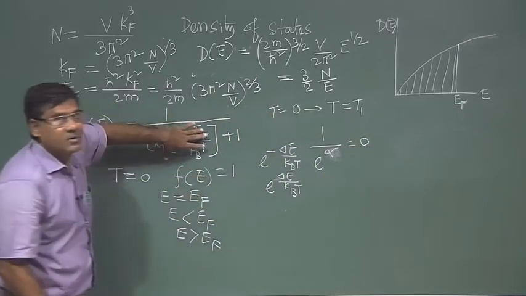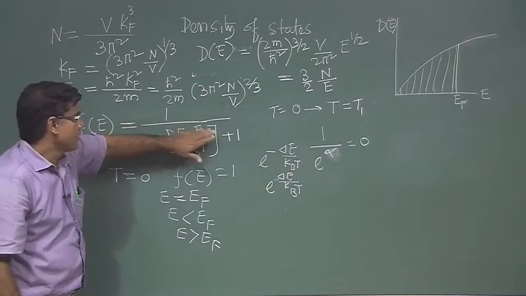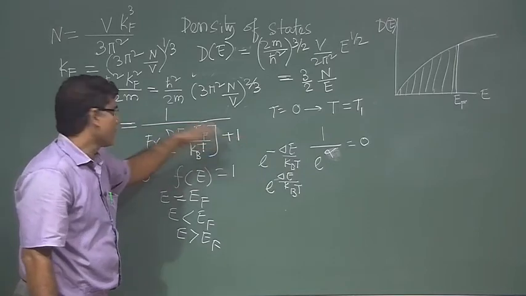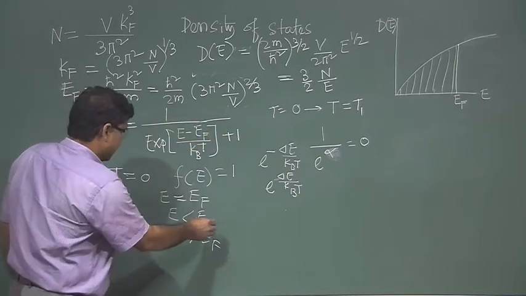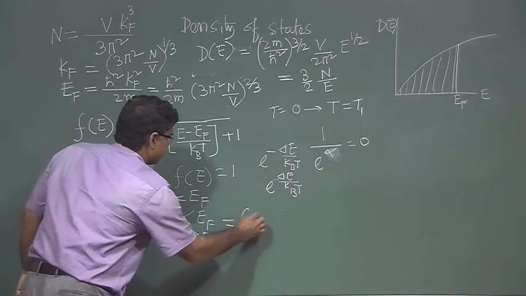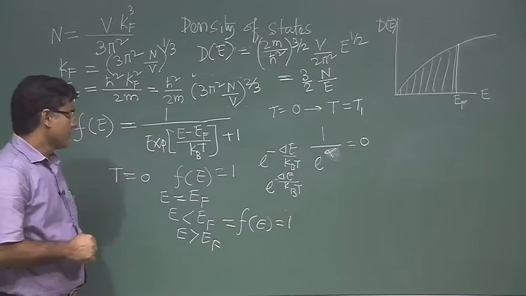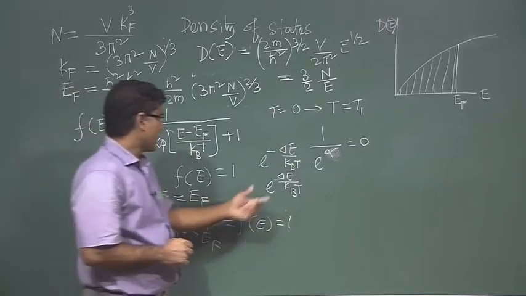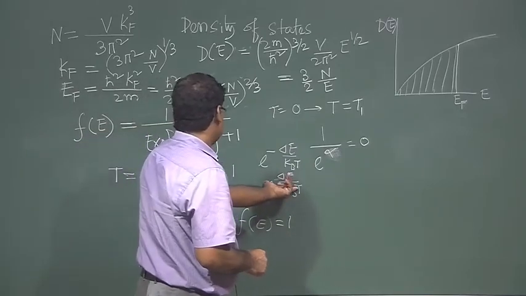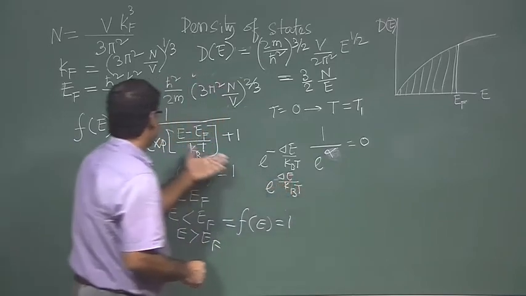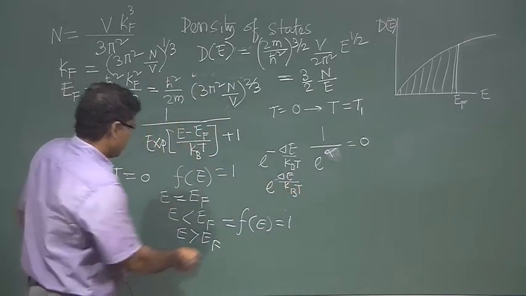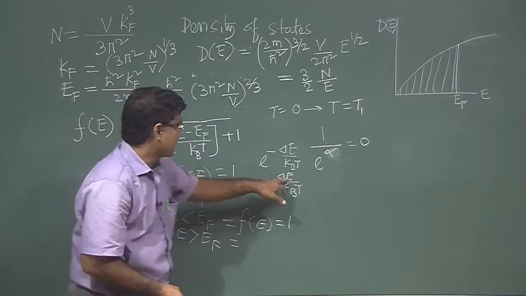So, this term will be 0 plus 1 by 1. So, in this case this Fe you will get 1, right, and for the other case it will be 0 because of this plus, right.